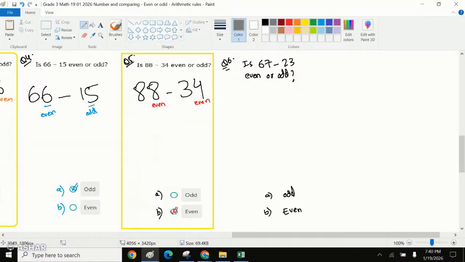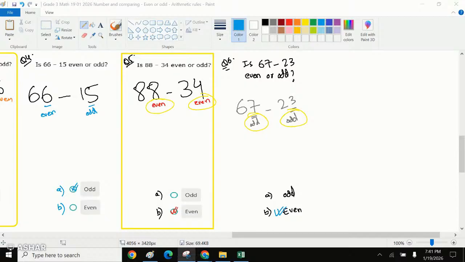The number 67 ends on a 7, that is odd, minus 23 ends with a 3, that is also odd. Whenever both the numbers are the same type, either both even or both odd, the result will always be even. Agreed? Thank you.